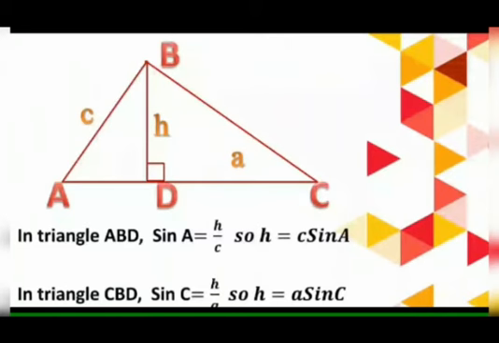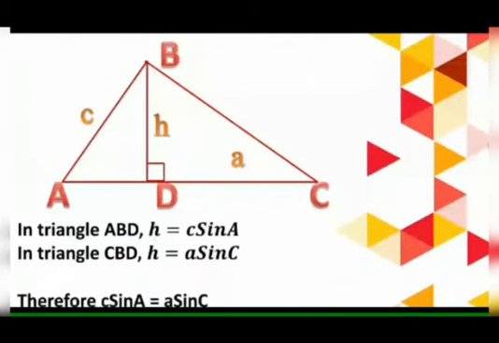We change the subject of the formula and make it h for both for the sake of uniformity. We end up with h is equal to c sine A and h is equal to a sine C. We end up with two values of h from the two different triangles. H is the same for both, meaning that c sine A is equal to a sine C.